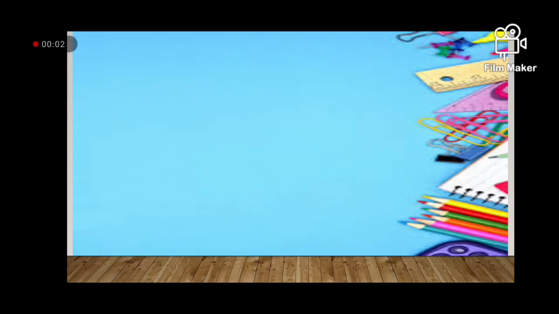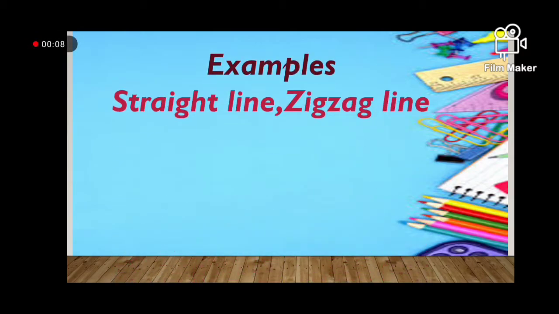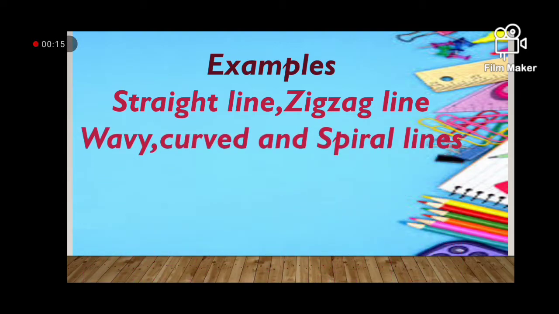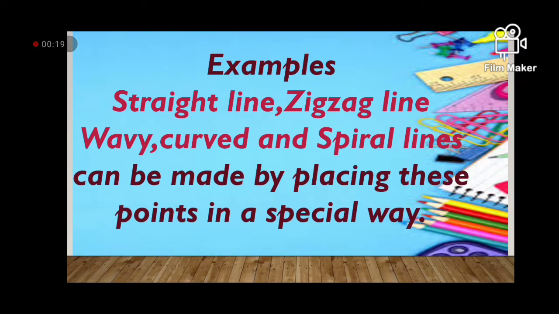There are different types of lines. Now let's see some examples. Straight line, zigzag line, wavy, curved, and spiral lines can be made by placing these points in a special way. See these different types of line.